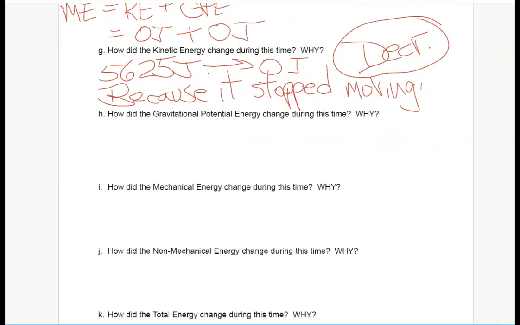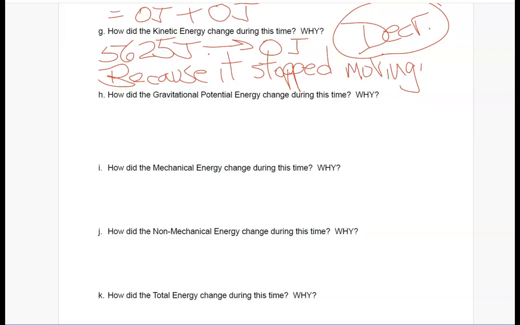The next part says, how did gravitational potential energy change during this time? Well, we started up at 62 meters high. We started with a gravitational potential energy of 30,380 joules, a very high number of joules, and it went all the way to the bottom. It didn't hit a ledge above and stop with a little bit of gravitational potential energy. It hit a position at the very bottom which had 0 potential energy.